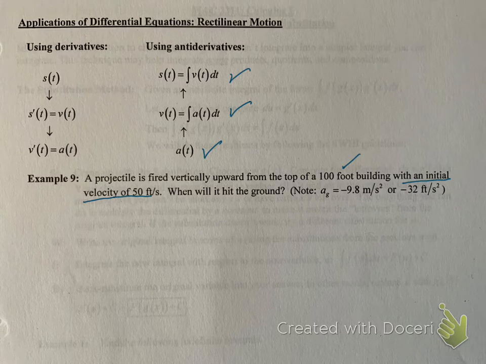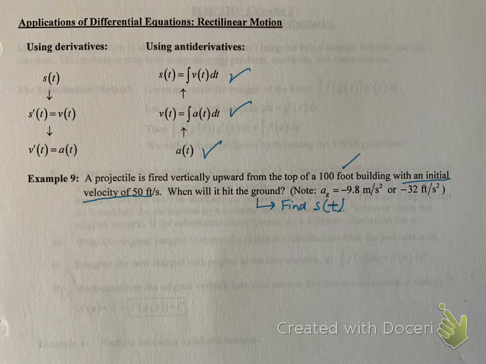So if I want to know when it's going to hit the ground, I basically want to know time. And to get time, I'm going to have to find the position function. So I'm going to have to look for s at t.